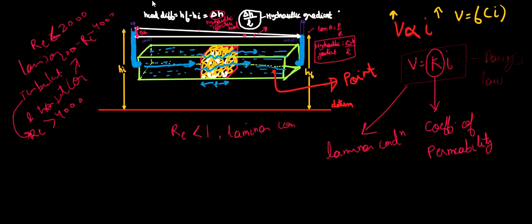So if the flow is not in laminar condition, this law will not be valid. This relationship we cannot use to obtain anything.